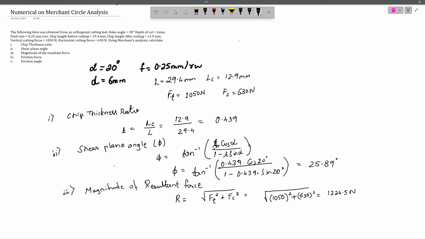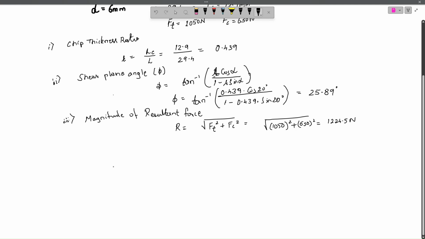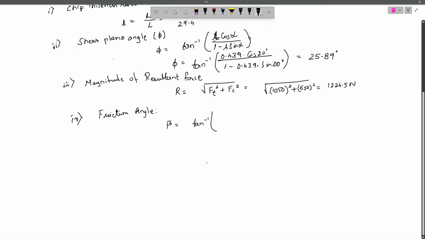The next parameter to be calculated is the friction angle. The friction angle is given by the Greek letter beta, which is equal to tan inverse of F by N, that is, the frictional force divided by the normal to the frictional force.